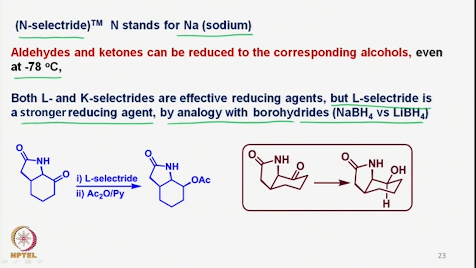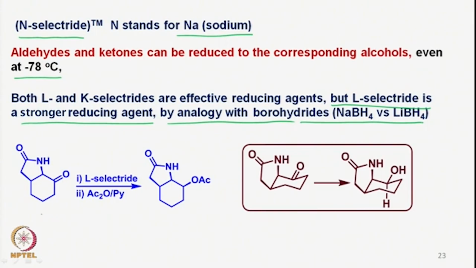In the case of lithium borohydride, we have seen that because of the lithium plus coordination, that is a stronger reducing agent than the sodium borohydride. In a similar fashion, K-selectrides are less effective as reducing agents compared to L-selectride.